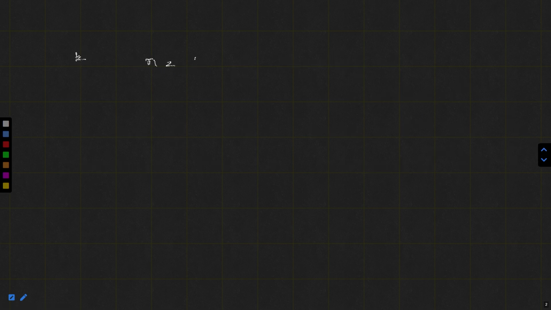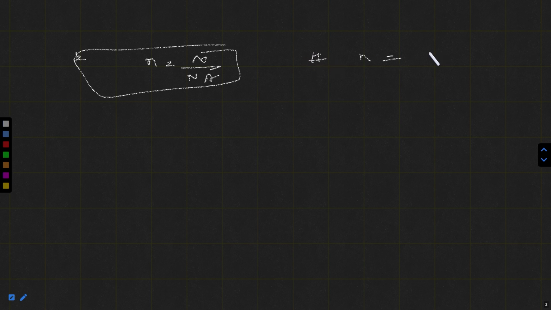So number of moles can be calculated with the help of this formula: number of particles divided by Avogadro number of particles. Also, number of moles has the formula given mass by molar mass.